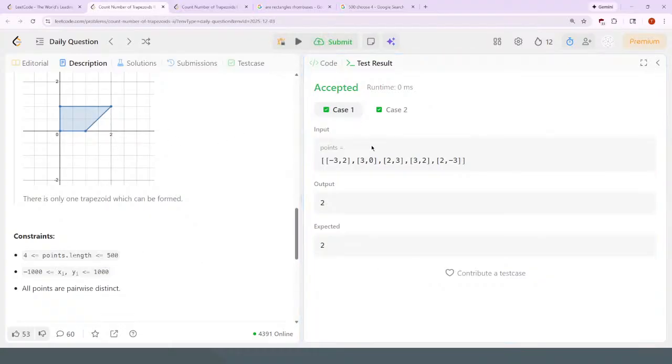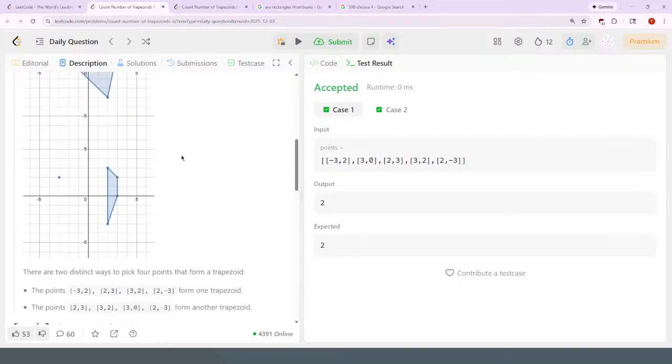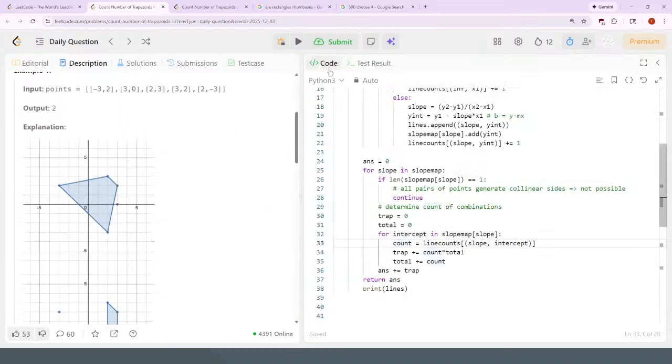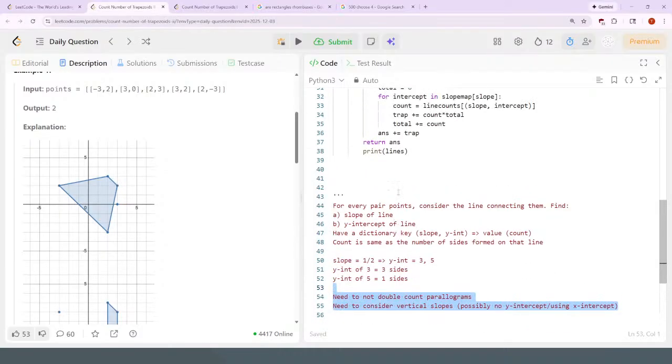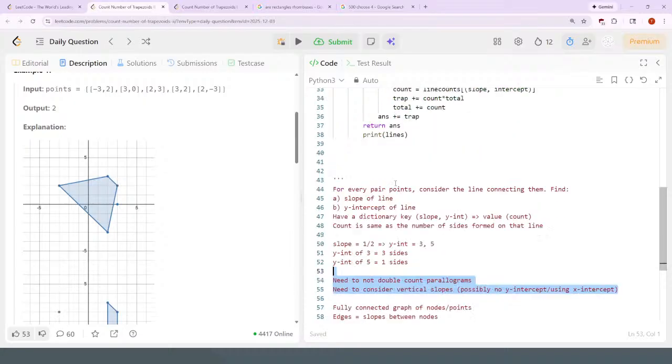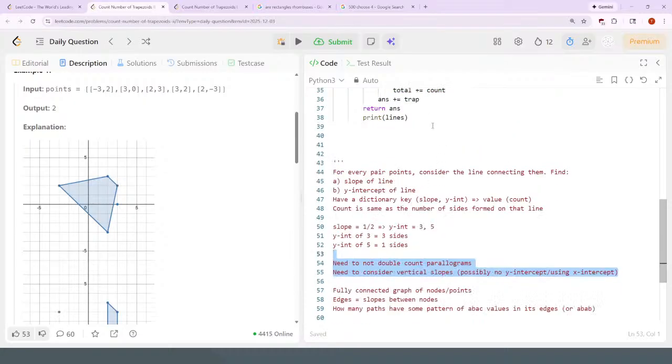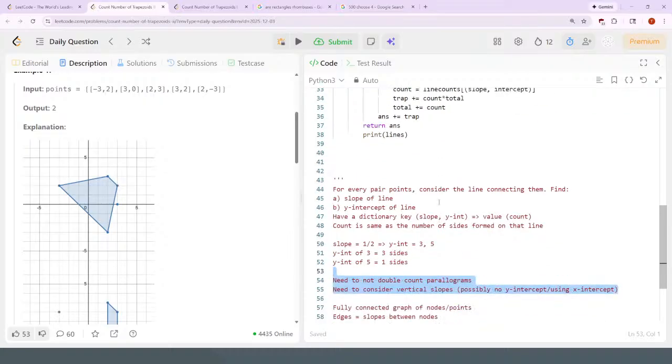Okay, so it works on the kind of example cases, which are the kind of simple ones. It's ignoring the huge elephant in the room, the parallelogram sized elephant, or the elephant sized parallelogram. Okay, I already considered vertical slopes.